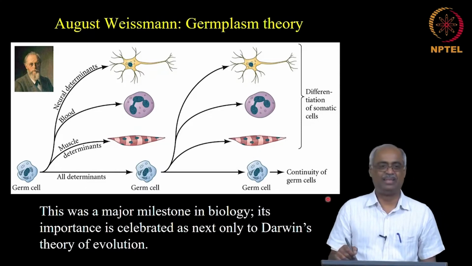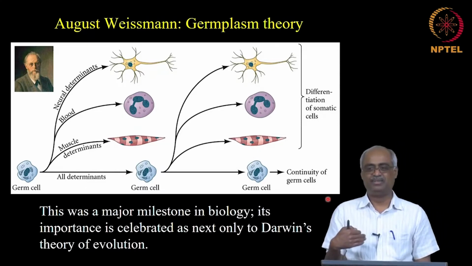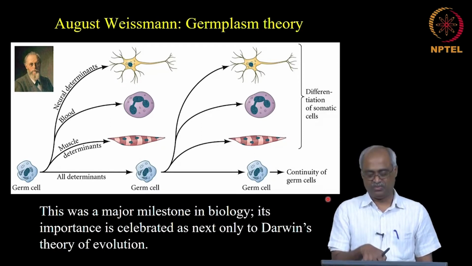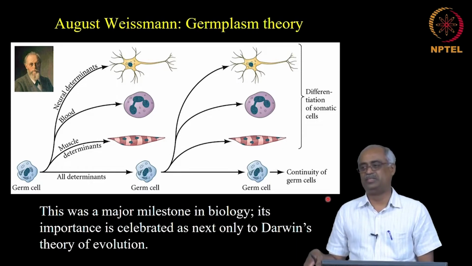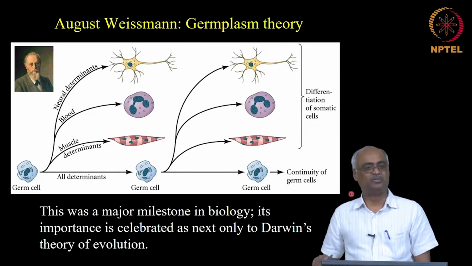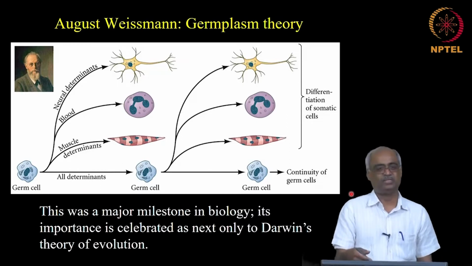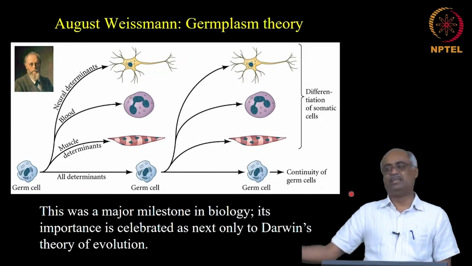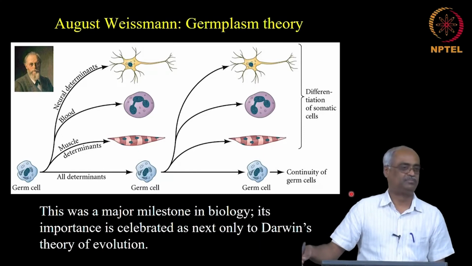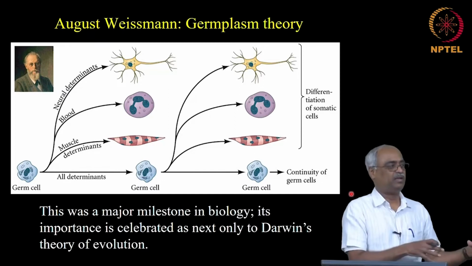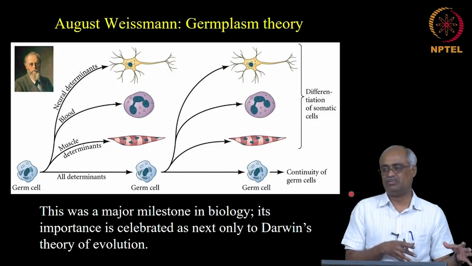That is the only way learned characters can be acquired, and germplasm theory explains why that will not happen, because information from muscle does not go to the next generation. Only the germ cell goes. Therefore, random selection from changes that happen in the germ cell chromosomes is what gets selected in every generation. That is how this germplasm theory helped in understanding Darwin's theory of evolution.